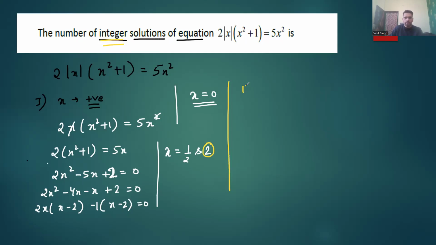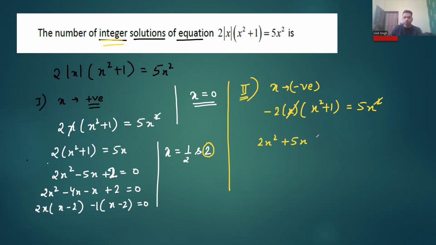Now the second case, when x is negative. Then minus 2x(x square plus 1) is equal to 5x square. The x cancels, and it becomes 2x square plus 5x plus 2 is equal to 0.